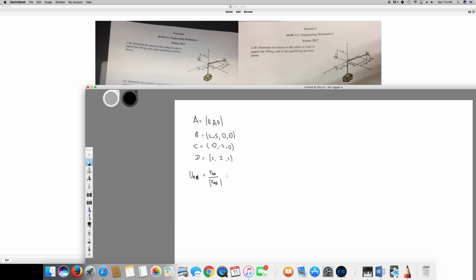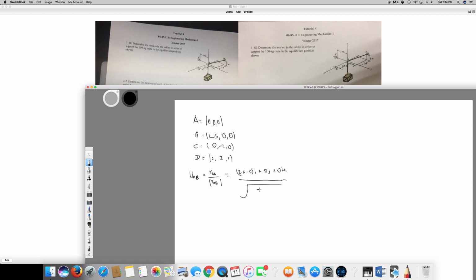If you see UAB, it means the last letter is B, and A comes first, so it should be B minus A. In this case, it's 2.5 minus 0 i, 0 minus 0 is 0j, and 0k. All the other values are 0, only the i value is 2.5.